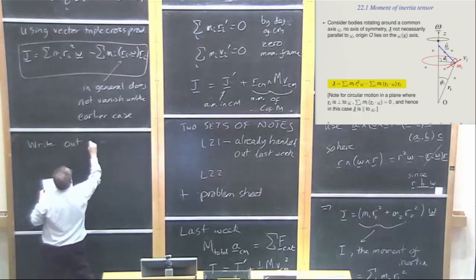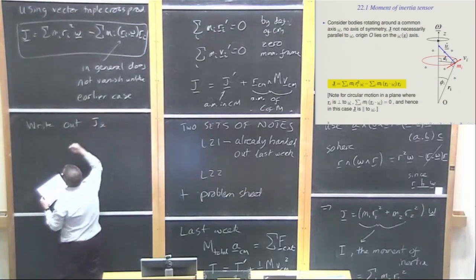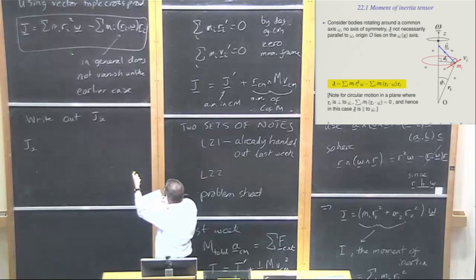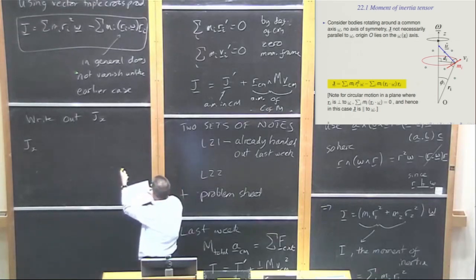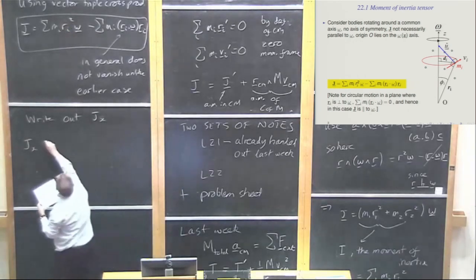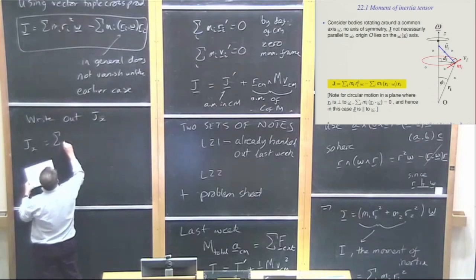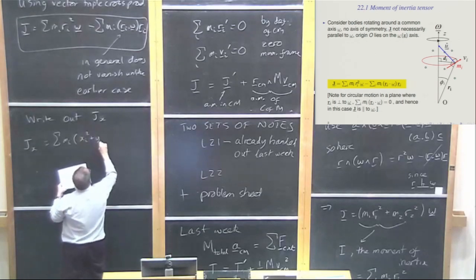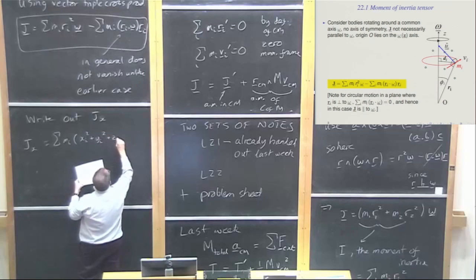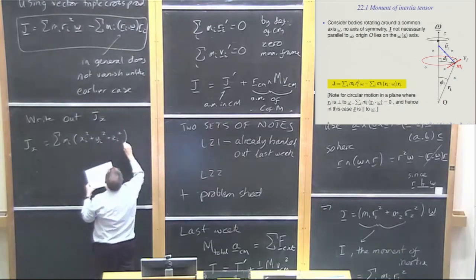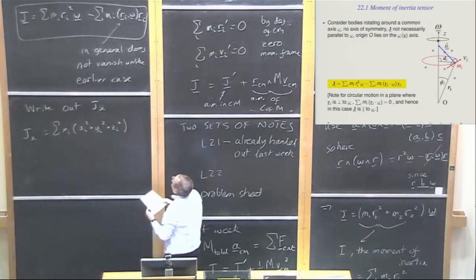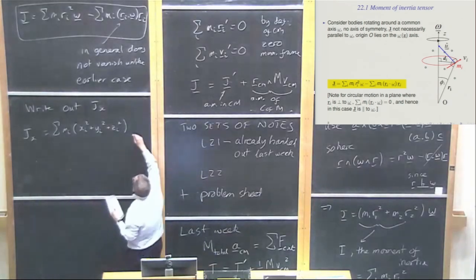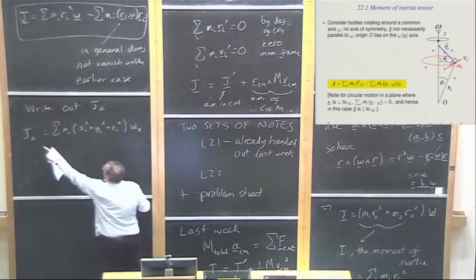So let's write out Jx. So firstly, the first term: it's the sum over Mi, and Ri squared can be written as xi squared plus yi squared plus zi squared, multiplied by, and let's keep it completely general, omega, which we allow to point in any direction, so it can in principle have an x component, and we're evaluating the x component.